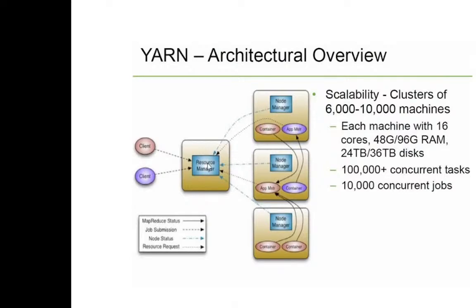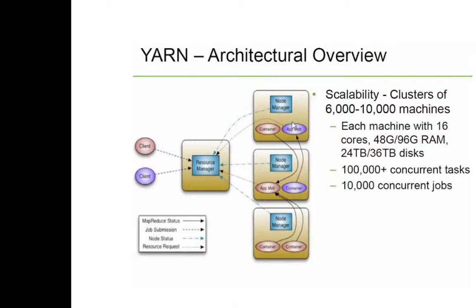Then it will negotiate with the resource manager, saying, okay, give me 1 container or 2 containers, right? A container is nothing but a space where the task will be executed. It will have some CPU, some RAM, all those types of things. So it will negotiate with the resource manager, give me 1 container or 2 containers, and then those containers will be allocated to it, and this application master is responsible for executing its task in the containers.